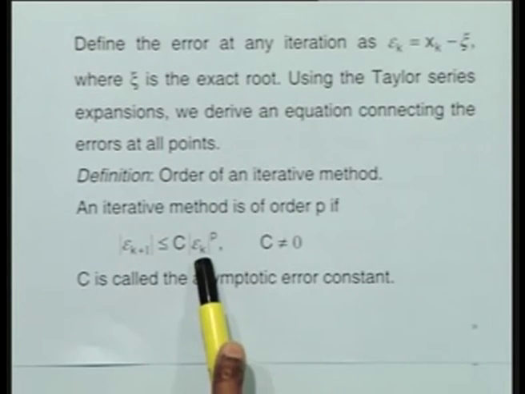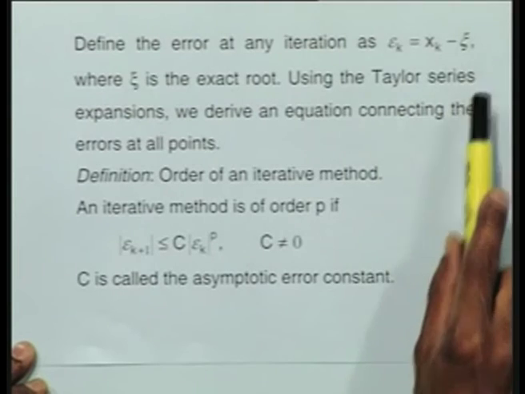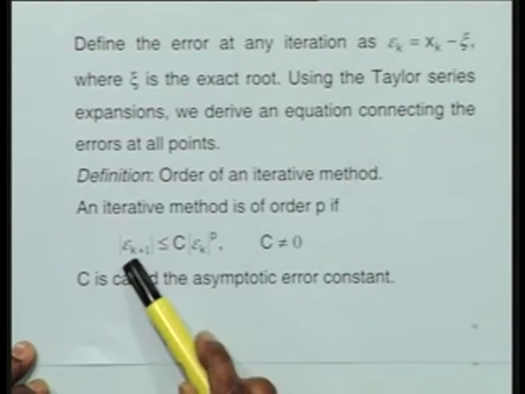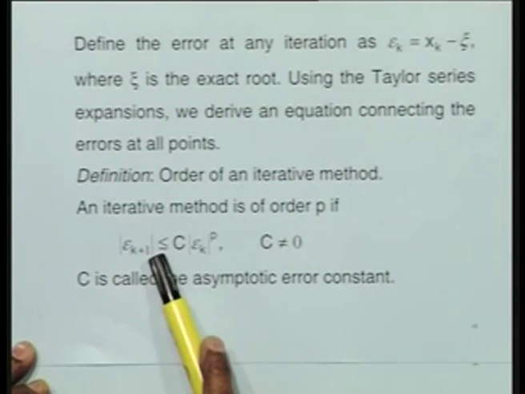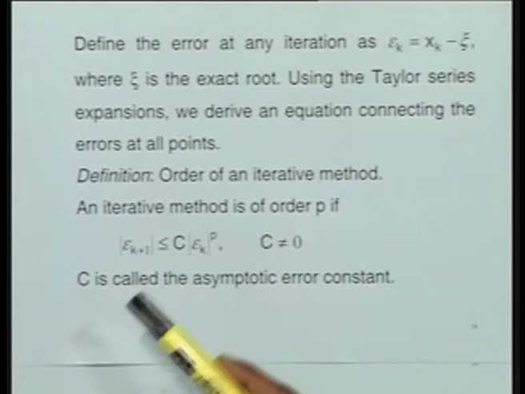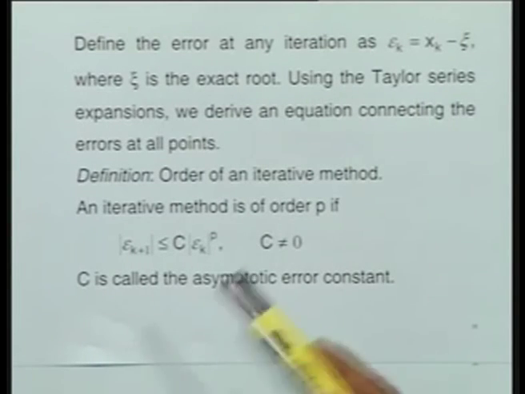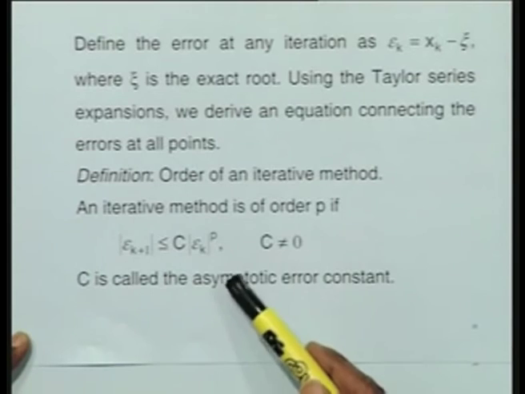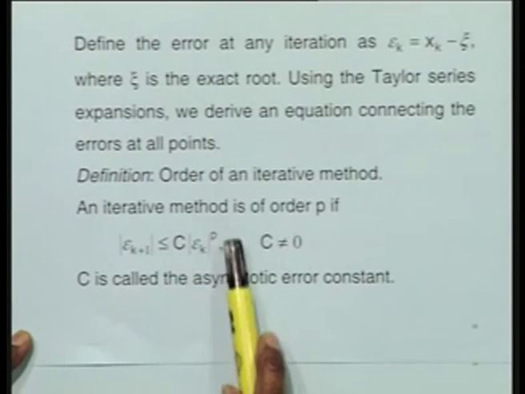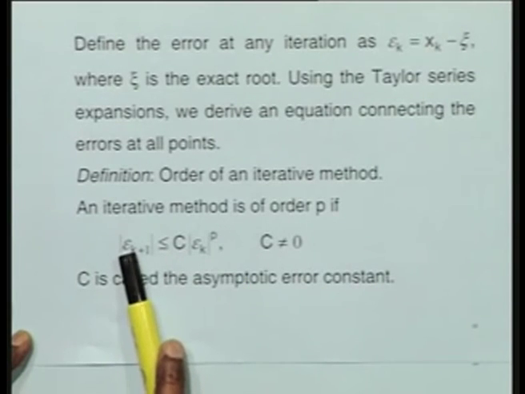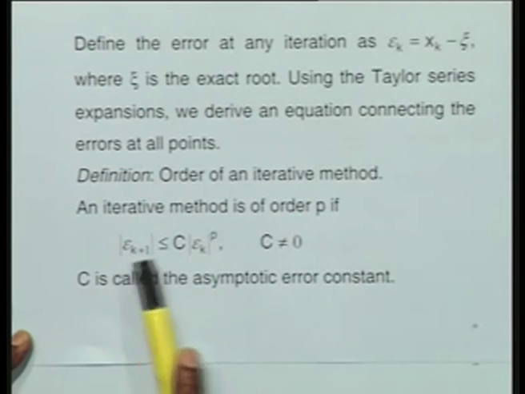In the Muller method or the secant method we have more than one point, and we shall see that using this definition we can define epsilon k minus 1 automatically in terms of xk. So, finally, we arrive at an expression only connecting the errors at the two steps.